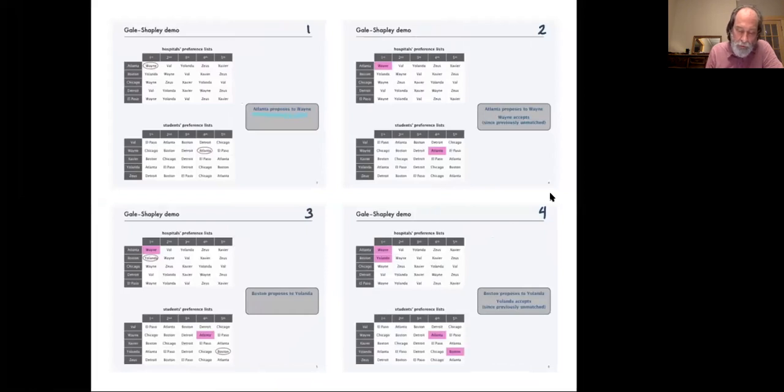And let's just suppose that Atlanta makes an offer to Wayne, or proposes to Wayne. Wayne isn't matched, of course, since nobody is yet, and so Wayne accepts the offer and Atlanta and Wayne become matched.